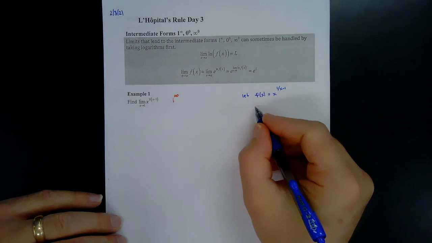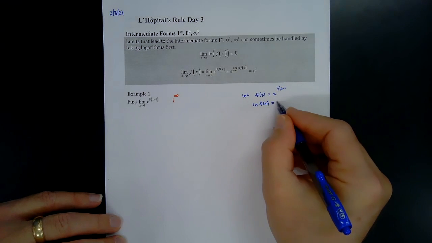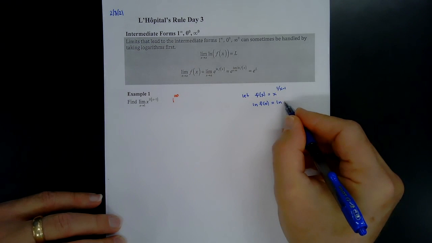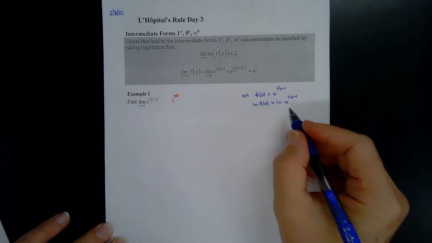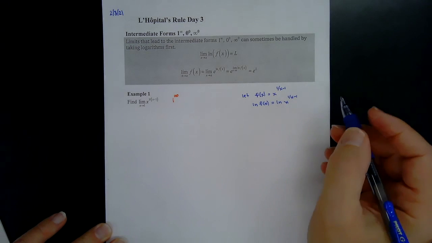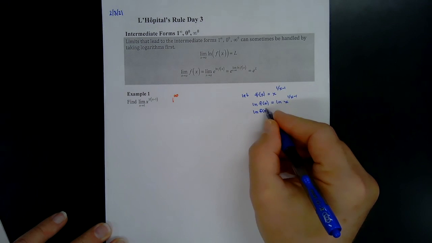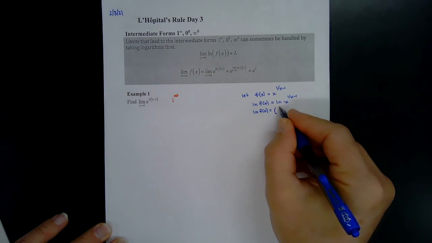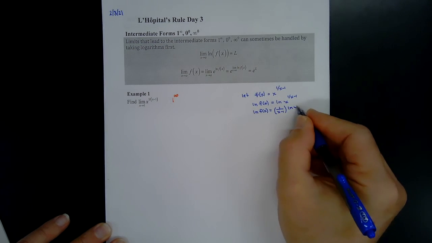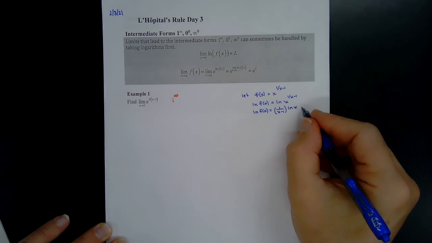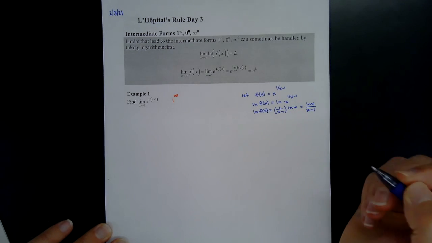Then we're going to take the natural log of both sides. So that stays equals, right? What that's going to allow us to do is bring this power down in front because that's a logarithm property. So now we have ln of f of x is equal to 1 over x minus 1 times ln of x, or ln of x over x minus 1.